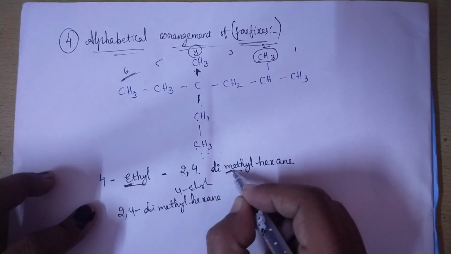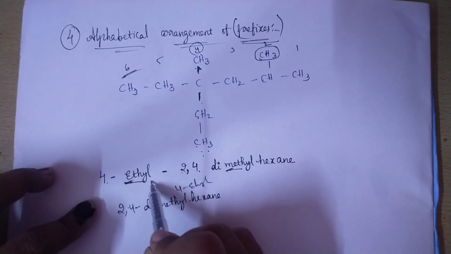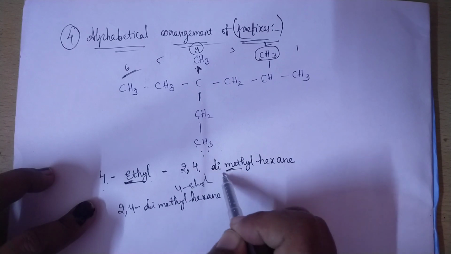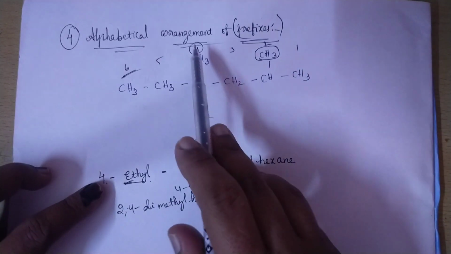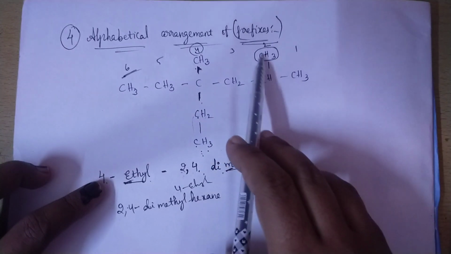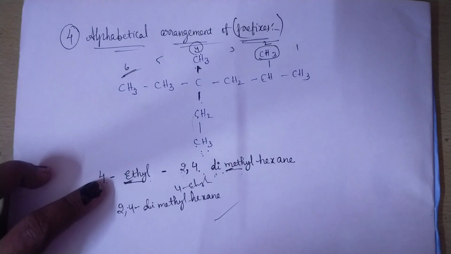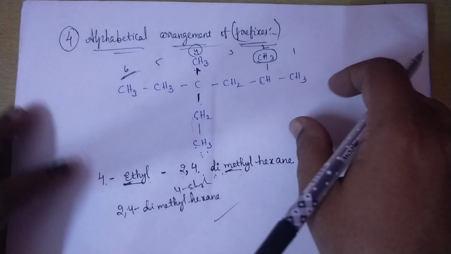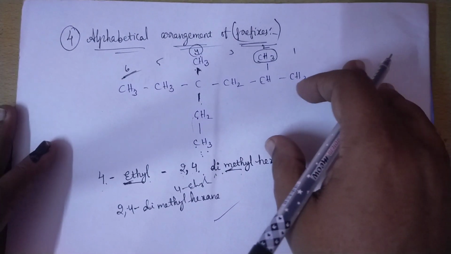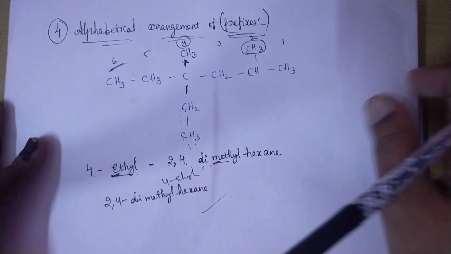E, then M. So the name will be 4-ethyl-2,4-dimethylhexane. So these are the rules we have to follow while we are writing the name of the structures. Okay, hope you understand. Okay, thank you.